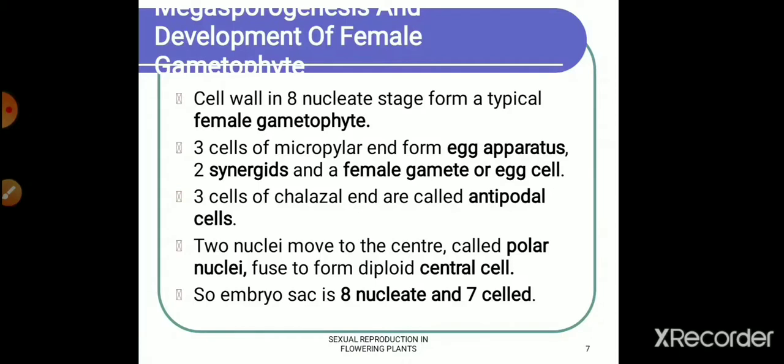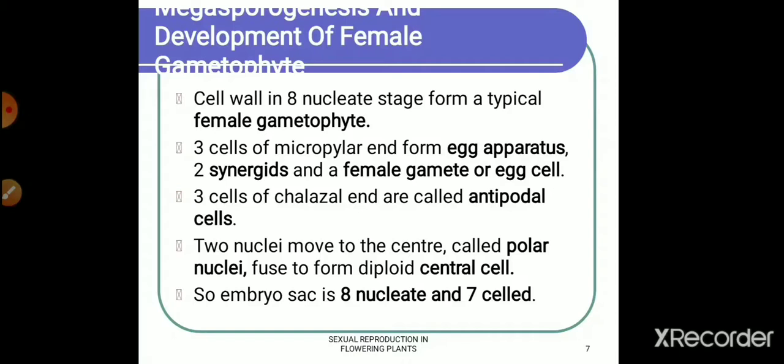Out of these eight nuclei, three lie at the micropylar end, three at the chalazal end, and one nucleus from each side, that means from the micropylar end and the chalazal end, comes into the center and forms the polar nuclei.